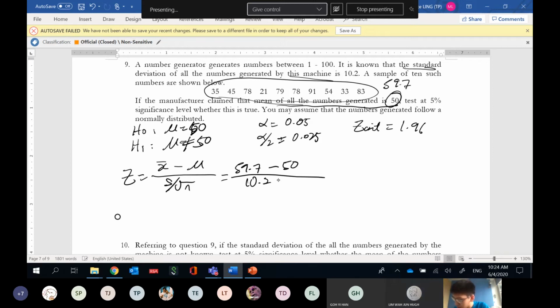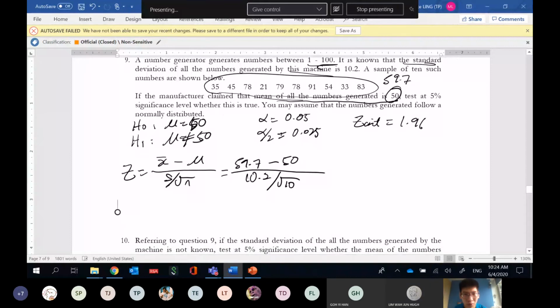And n is about 100? No, it generates from 1 to 100, but how many numbers do you have here? 10. Correct, so it's supposed to be 10, not 100. I got it wrong because I used 100. Okay, so calculate this and tell me the answer.